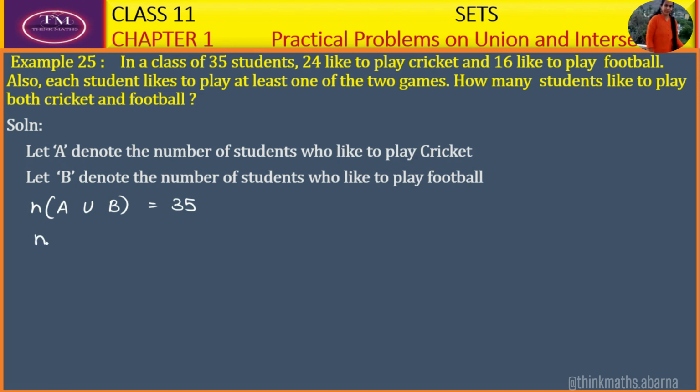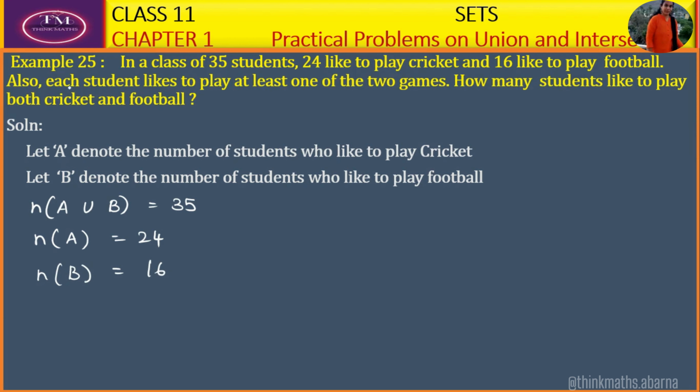That is number of students who play cricket. Cricket is denoted by A. So n of A is equal to 24 and 16 like to play football. So n of B is equal to 16.